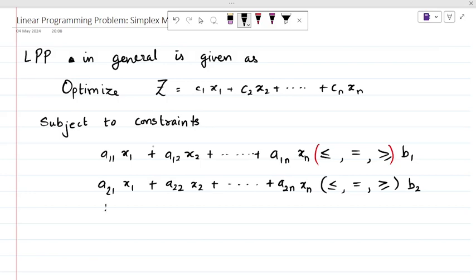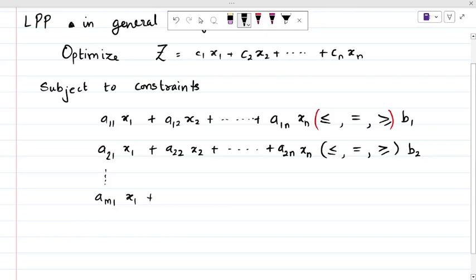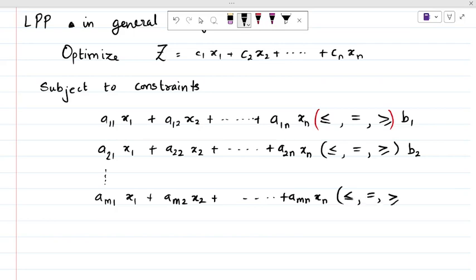And this goes on up to am1 x1 plus am2 x2 plus and so on up to amn xn. And then again here there is less equal or greater equal, bm. Like this, all these conditions are there.